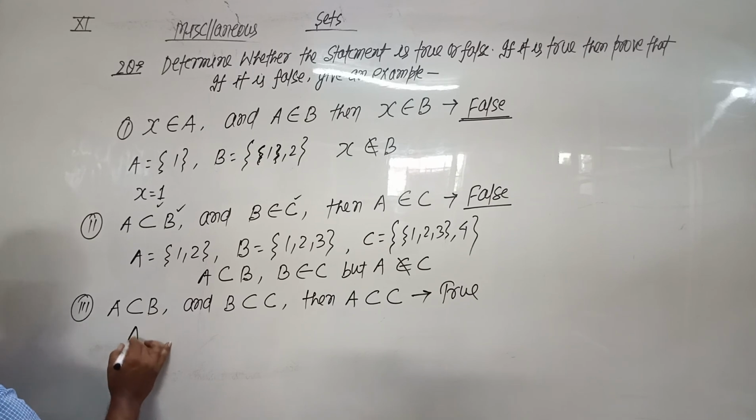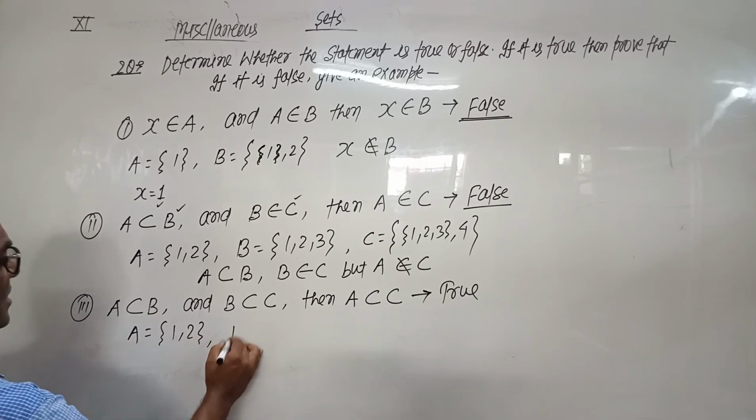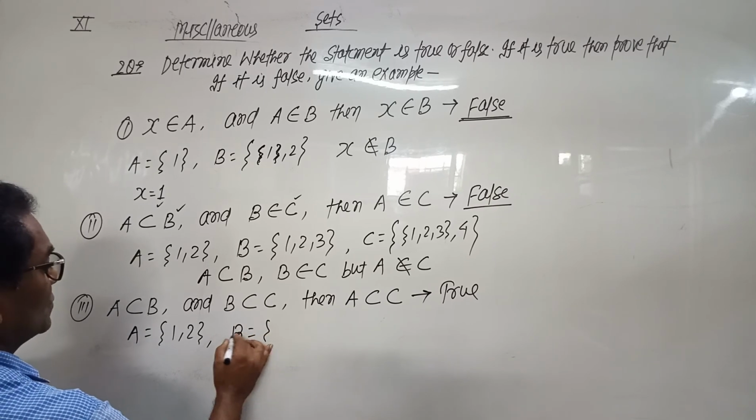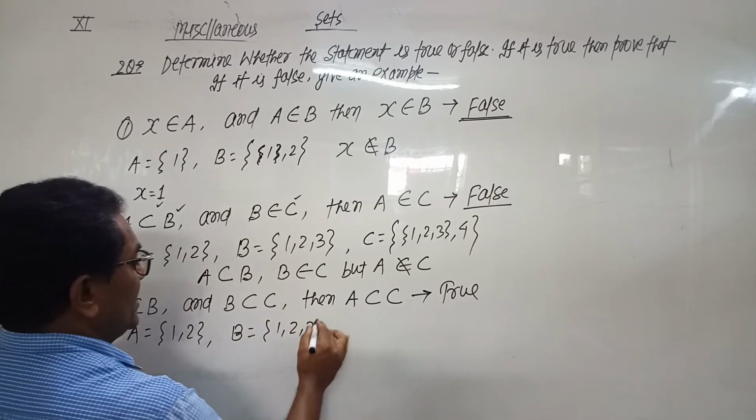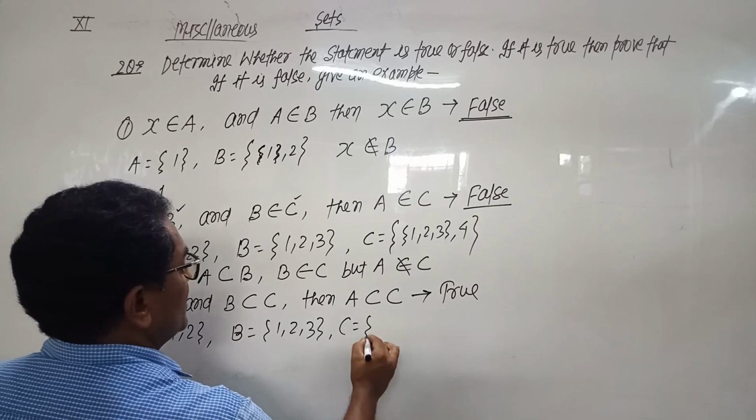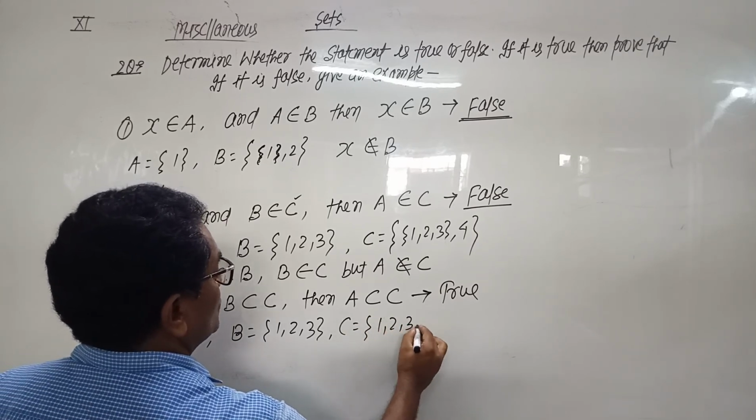So let set A equal to {1, 2}, set B equal to {1, 2, 3} and set C equal to {1, 2, 3, 4}.